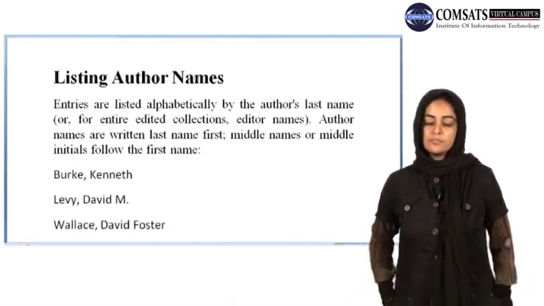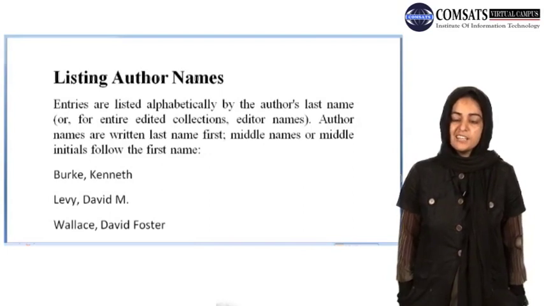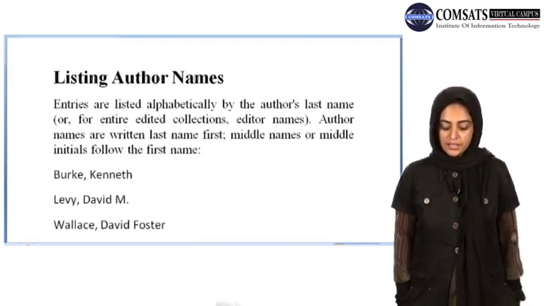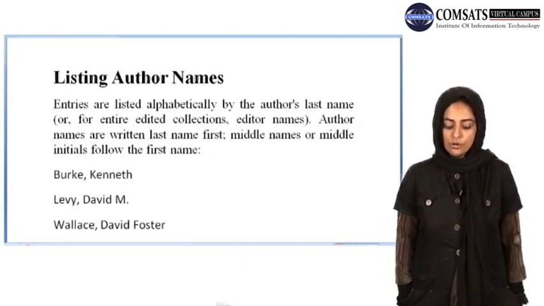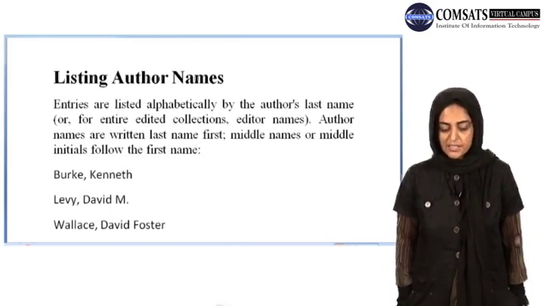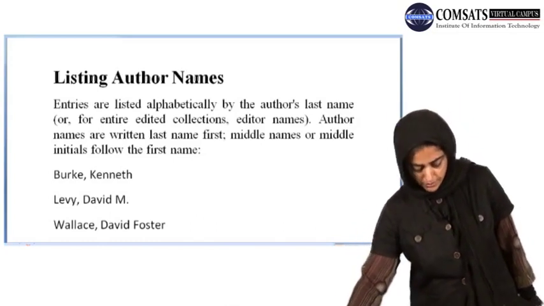Then, dear students, what is the procedure of listing the author's names through the MLA referencing style? Dear students, if you have a single author, the style you would be following is that the last name comes first, and after it the first name. Let me give you an example.